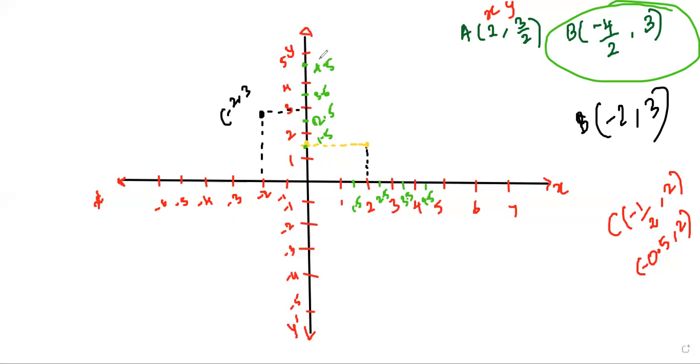Negative 0.5 is on the negative x-axis, because here you have 0 comma 0, this is the origin. So negative 0.5 will be here, and 2 in the y-axis. So this point is minus 0.5, comma 2. Do you get it? Yes. Please note it down.